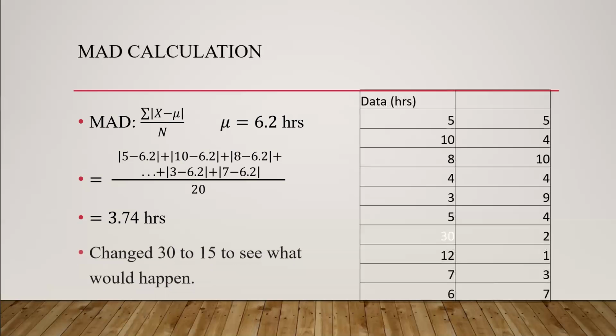Then I decided to see what happens if I change that 30 to 15. When I did that, my value of 3.74 hours only changed to 2.84. So that's actually huge. Outliers don't have much of an impact on MAD. They're weighted much less than when you compare it to something like the variance.